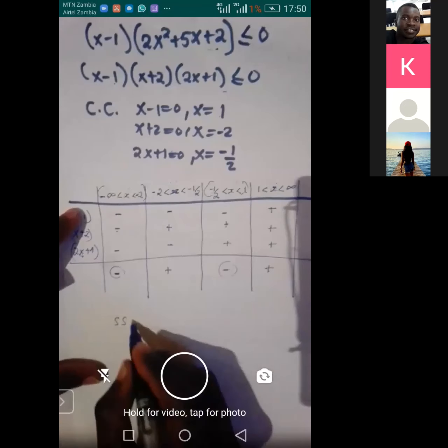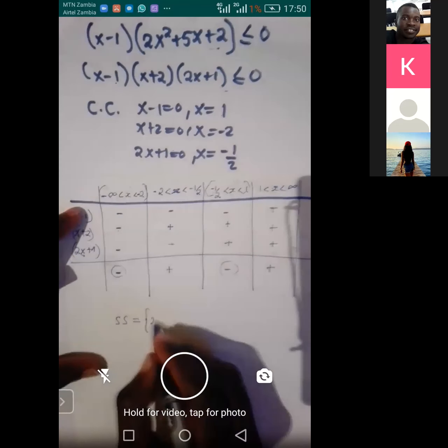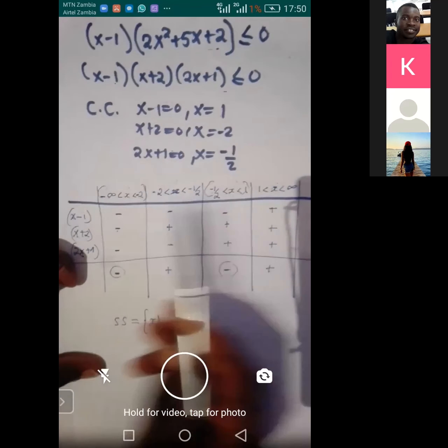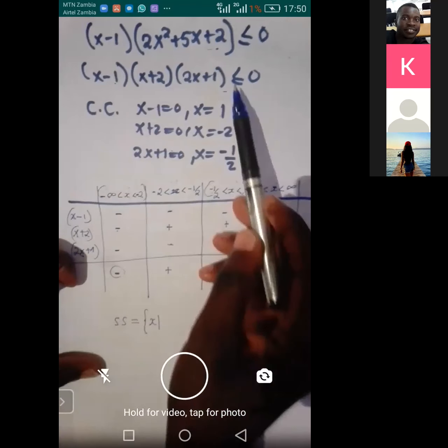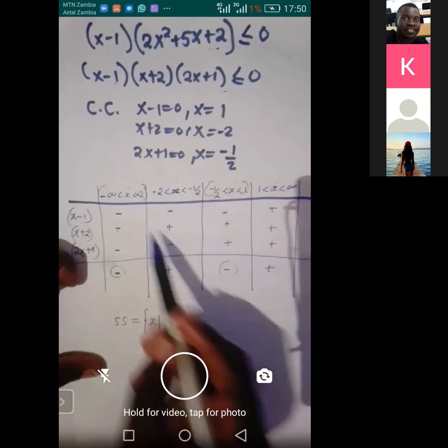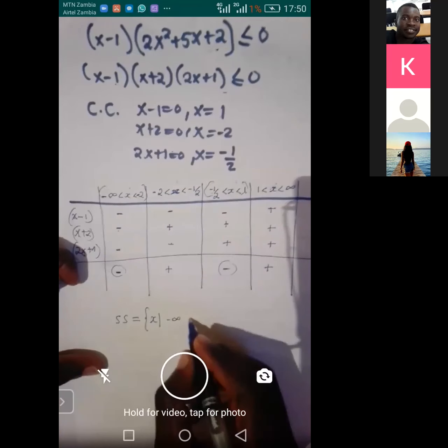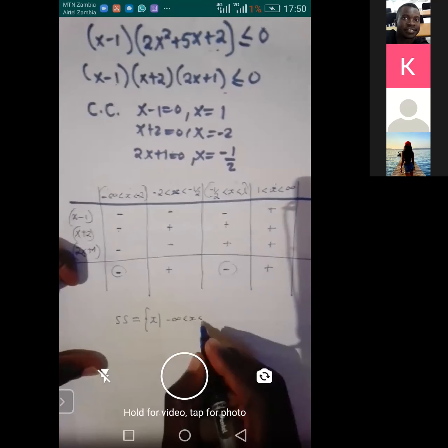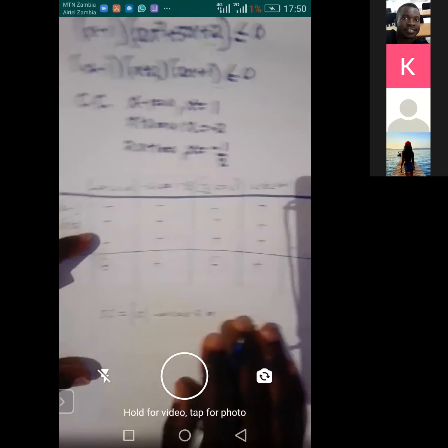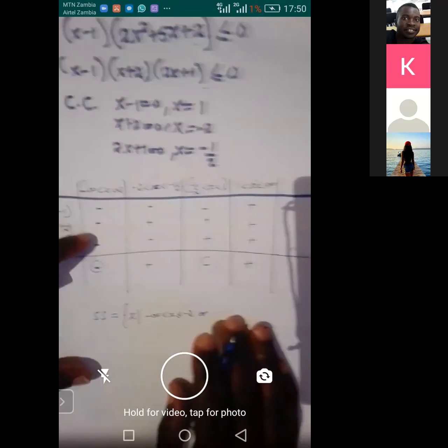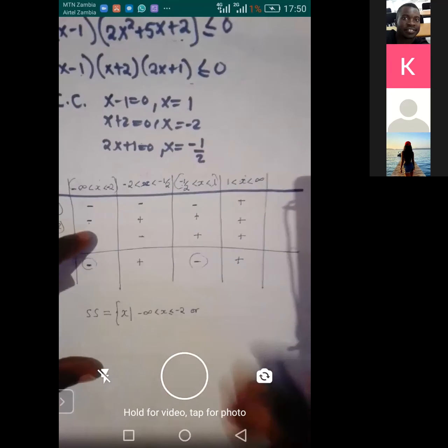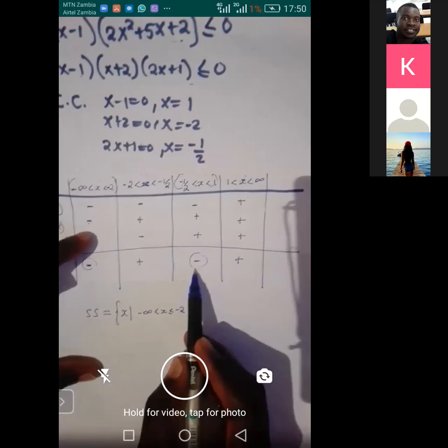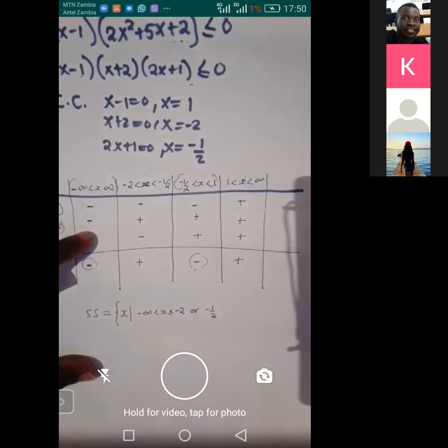By the way, here we have an equal to sign, so -2 is inclusive. So x in that interval is less than or equal to -2. And also in this interval, where -1 over 2 is inclusive there because it is 0.